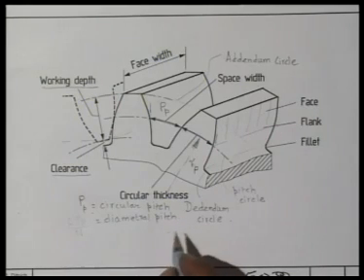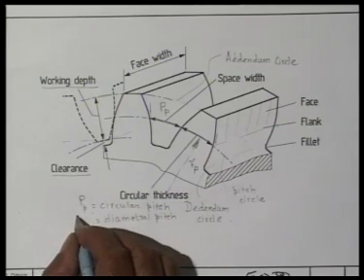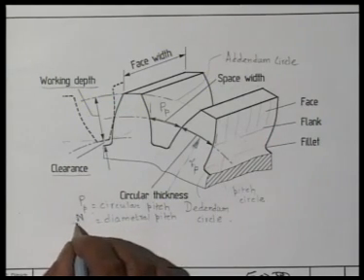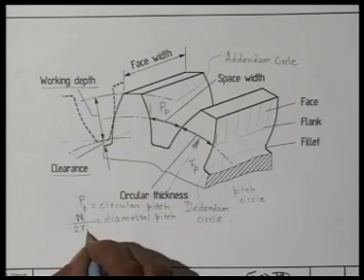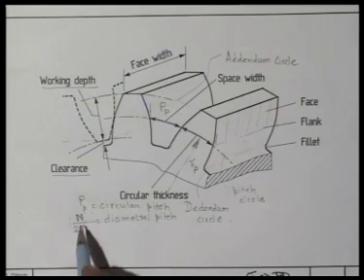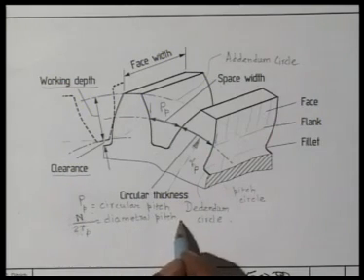By diametral pitch, we mean the number of teeth per unit length of the pitch circle diameter. If the number of teeth is n, then n by 2Rp, that is the number of teeth by the pitch circle diameter. 2Rp is Dp, the pitch circle diameter. This is called diametral pitch.